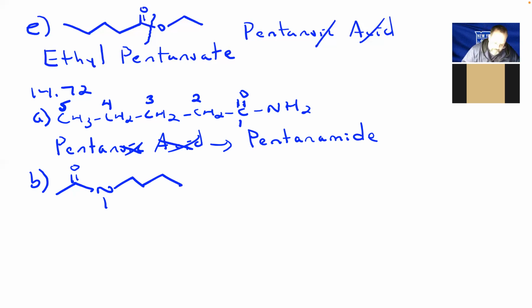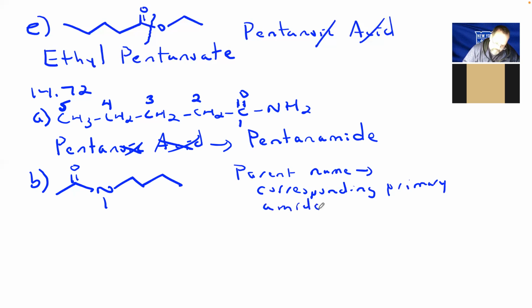Now, the parent name is the corresponding primary amide name. And what I'm talking about here not only applies to tertiary amides, but it also applies to secondary amides as well. So in essence, we pretend that the nitrogen doesn't have a carbon group or carbon groups attached to it.